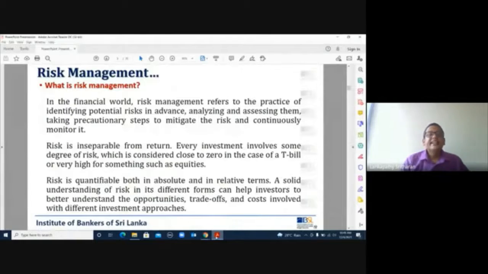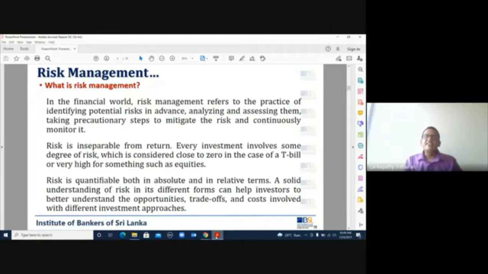We have studied risk, and I think you are clear about what risk is. The second topic is risk management. We know that there is a risk, and we are going to manage it.